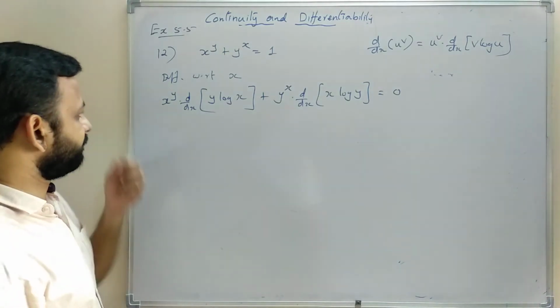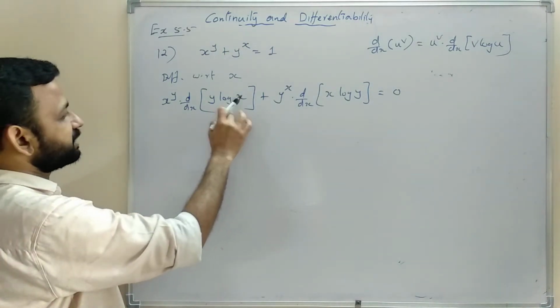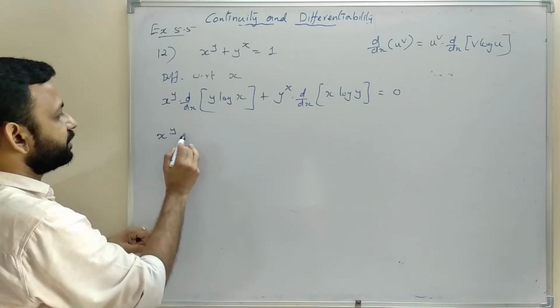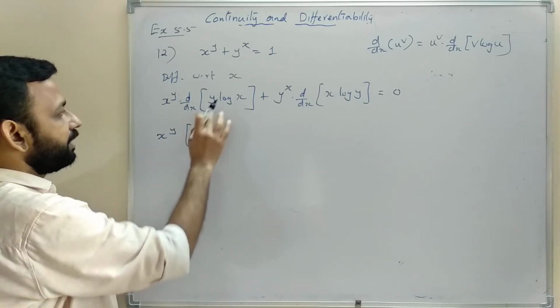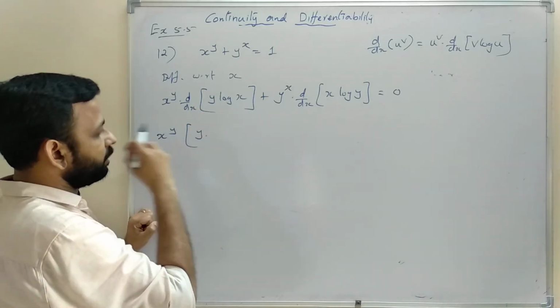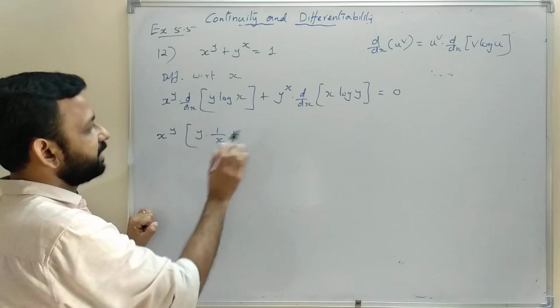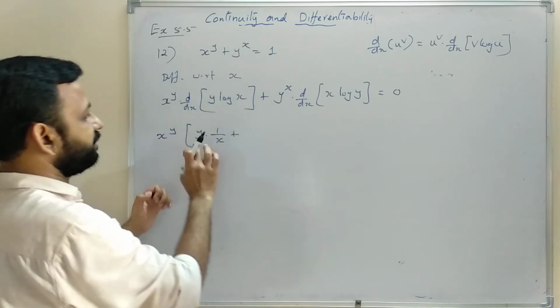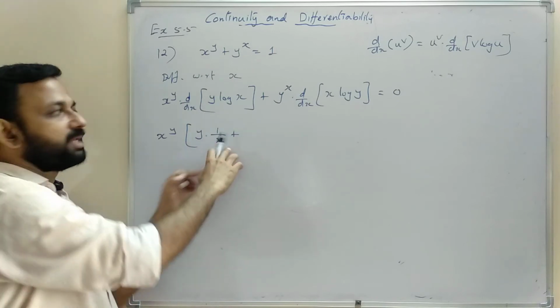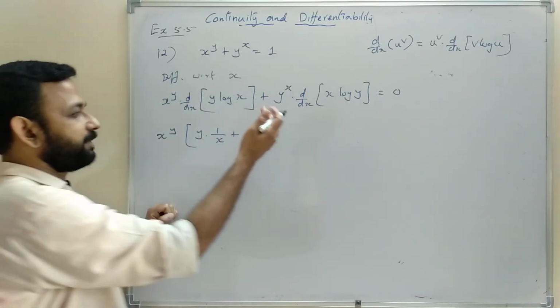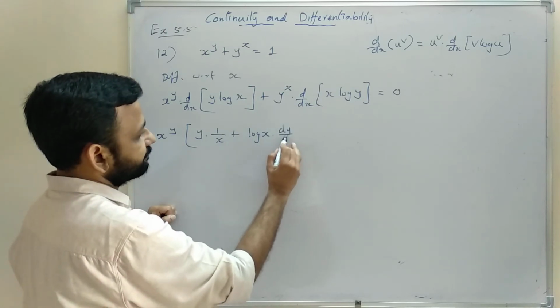Now we can find the derivative of the expression inside the bracket, that is x raised to y into d by dx, product rule we will apply, y into derivative of log x, 1 by x, plus derivative of first function into derivative of second, y into 1 by x plus log x into derivative of y with respect to x, that is dy by dx.